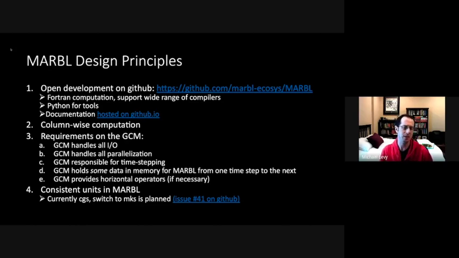And then there are some cases where we do need horizontal operators, and the GCM needs to do that. So right now, the only example is if we want to compute burial coefficients on the fly, then we need running means of global means, and the GCM needs to provide the global mean for us to do that.